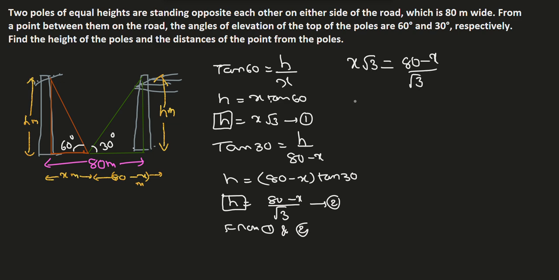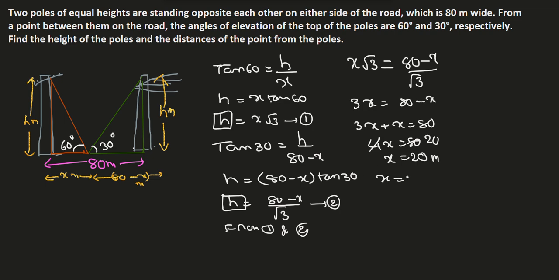Root 3 into root 3 is 3, so 3x is equal to 80 minus x. Minus x becomes plus x. 3x plus x is equal to 80. 4x is equal to 80. x is equal to 4 how many times? 20 times. 20 meters. x is 20.